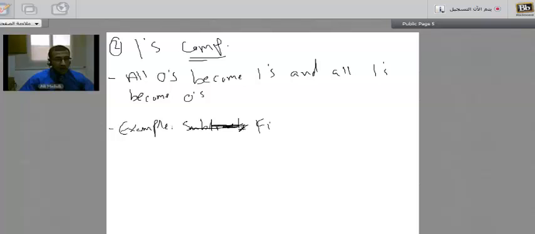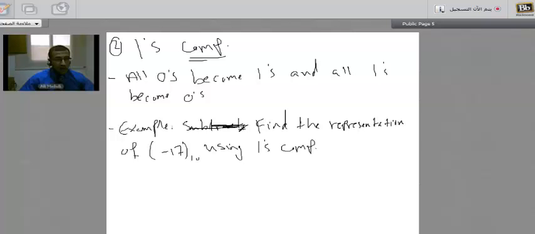Find the representation of minus 17 in decimal using one's complement.